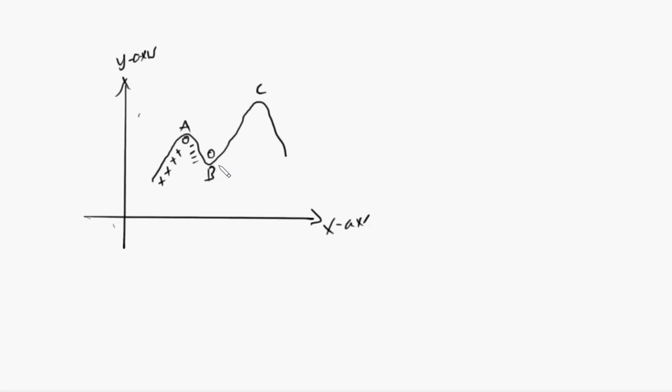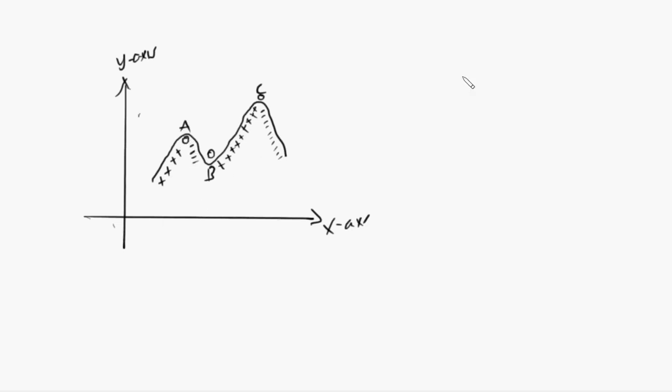After B now the derivative becomes positive again because as x increases, y increases. Okay? Then when you get to the turning point, the derivative is 0. After that now, the derivative becomes negative again because as x increases, y decreases. So this is the situation.